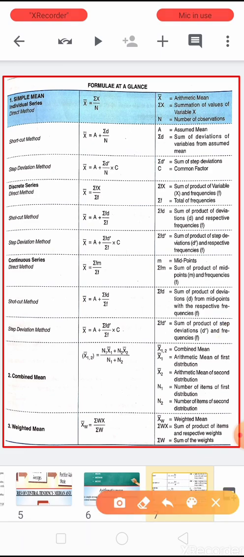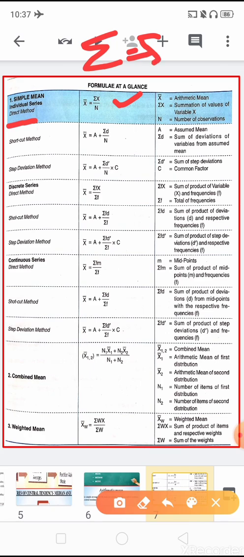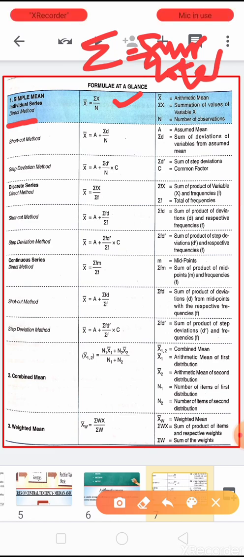X bar refers here to the arithmetic mean, and sigma, children, this is called your sigma. Sigma represents the sum total of all the observations. So sigma x is the summation of values of variable x, and n refers here to the number of observations.